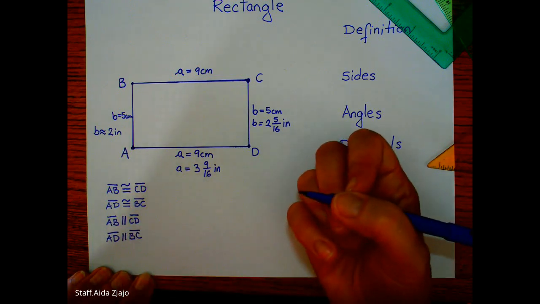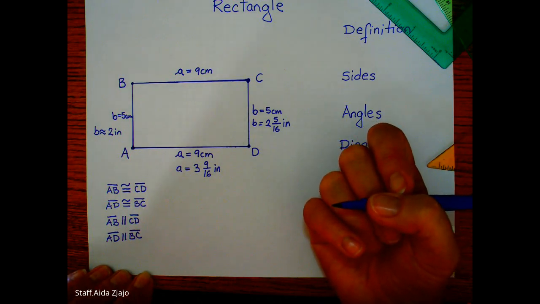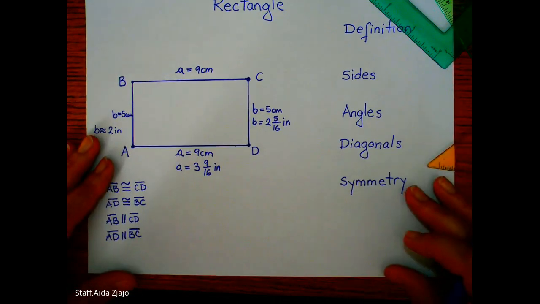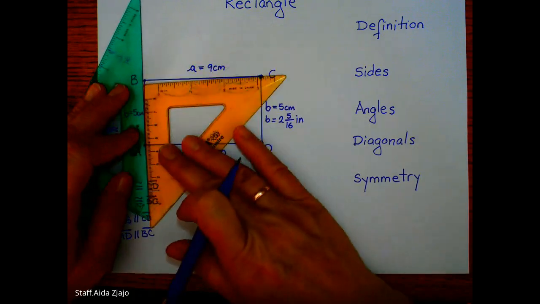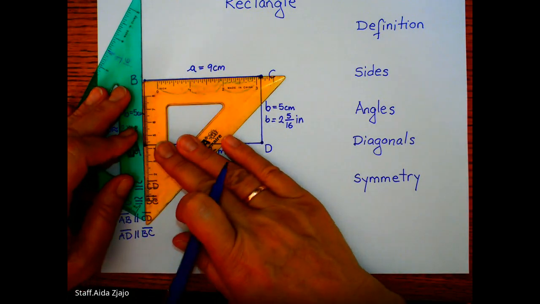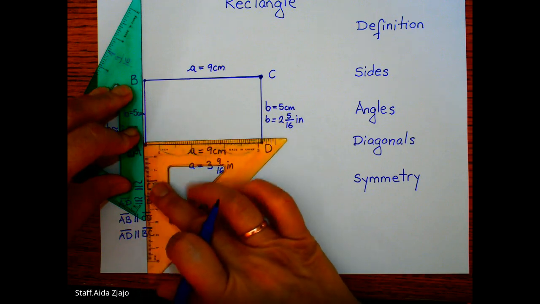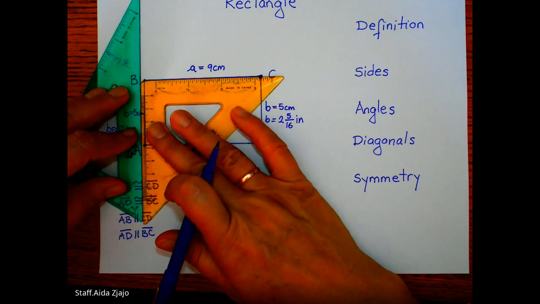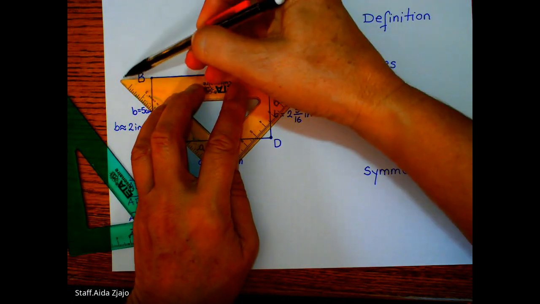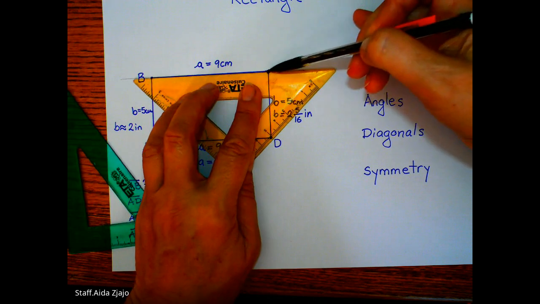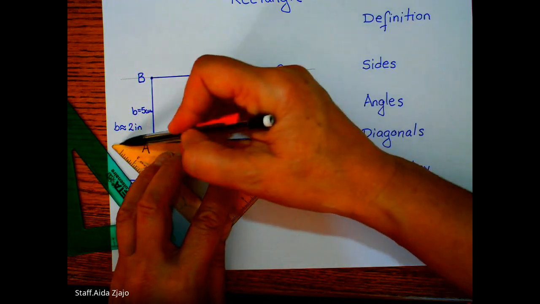Students need to know what these parallel lines are, so we can prove it by using our rulers. If I take BC and slide my ruler down to AD, they will match, and they are never going to touch each other. If I extend the lines, you can see that BC line segment is parallel to AD line segment.